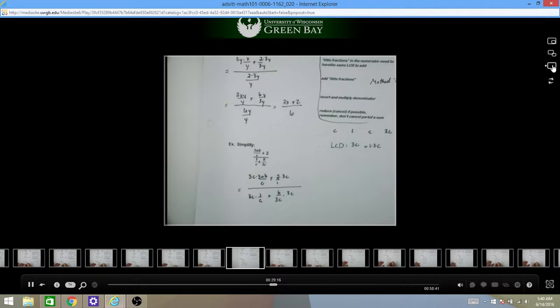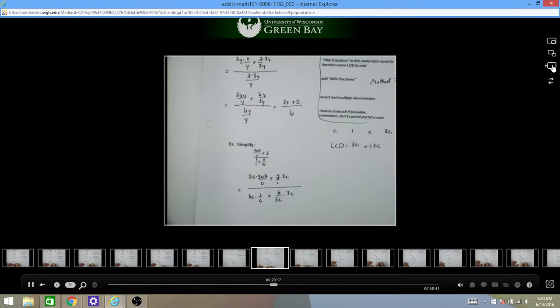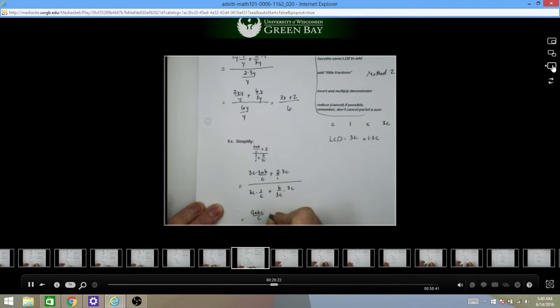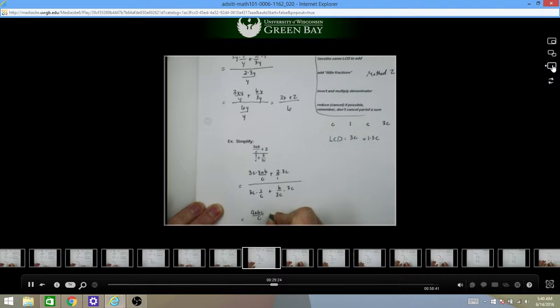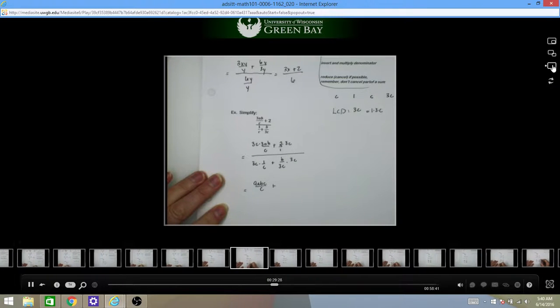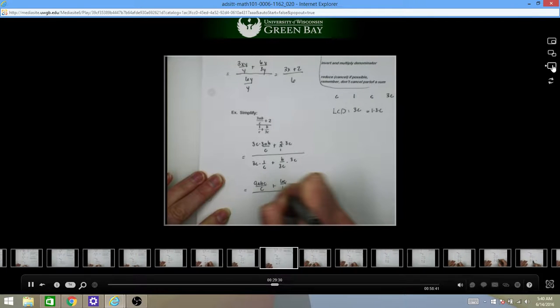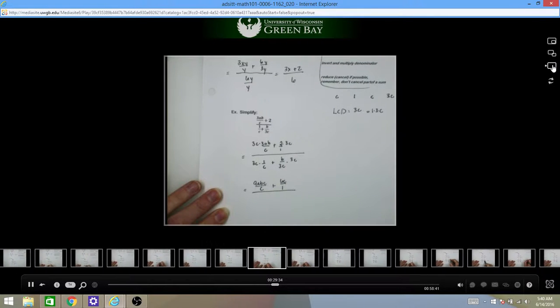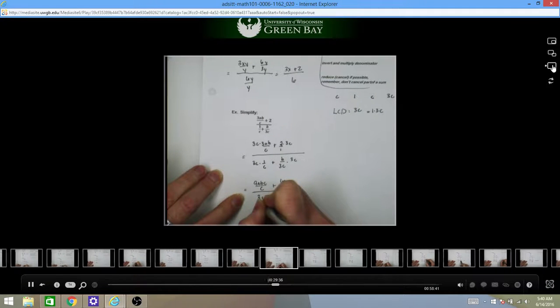So you have 9abc over c plus 6c over 1. You didn't really have to show the 1, but I just was trying to clarify your fraction. And 3c over c, and 3bc over 3c.